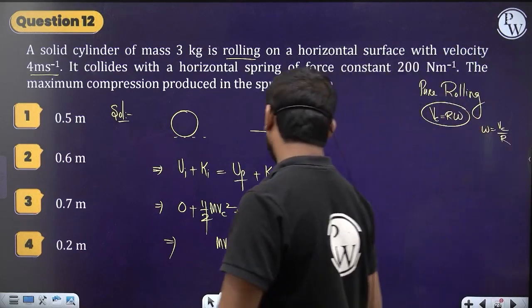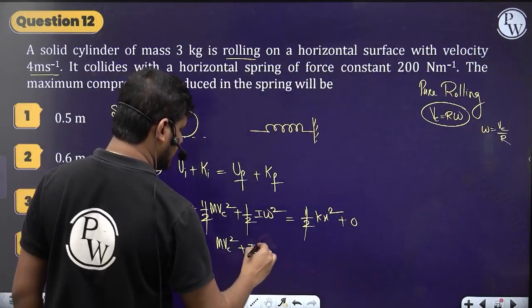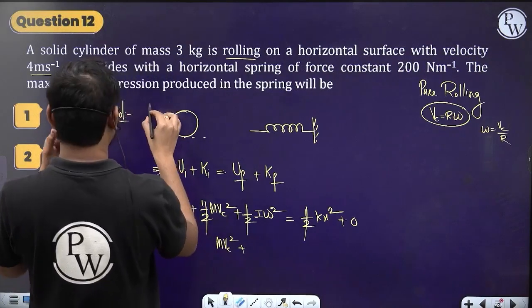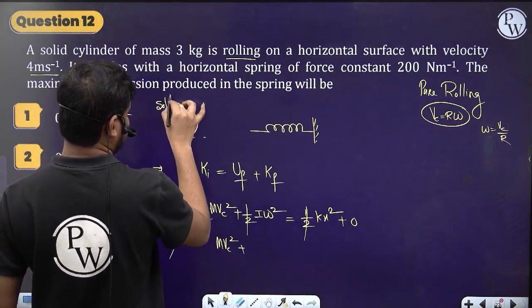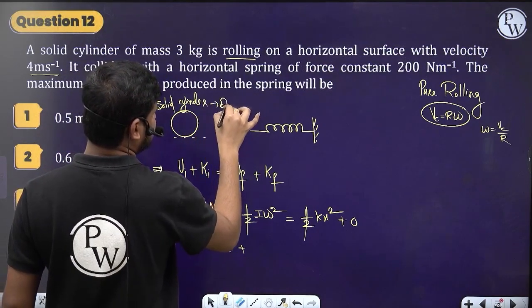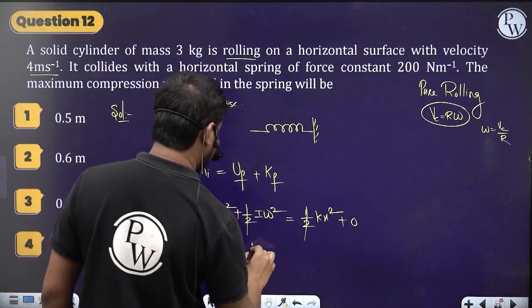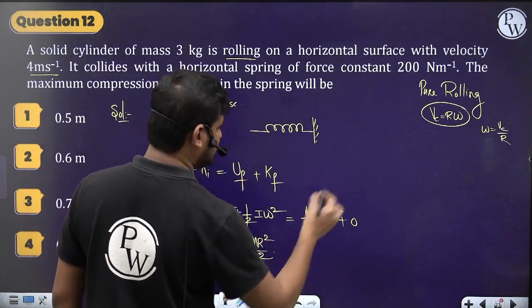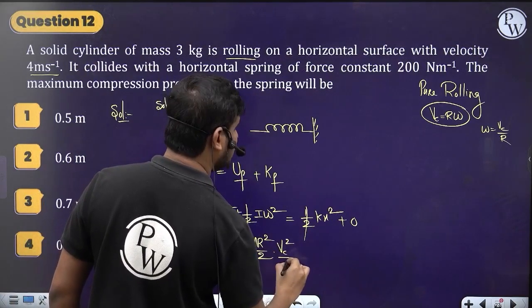So m vc square plus I omega square. What's the moment of inertia for the solid cylinder? It is the same as that of the disk, which is nothing but m r square by 2. In place of omega square I can write vc square by r square.